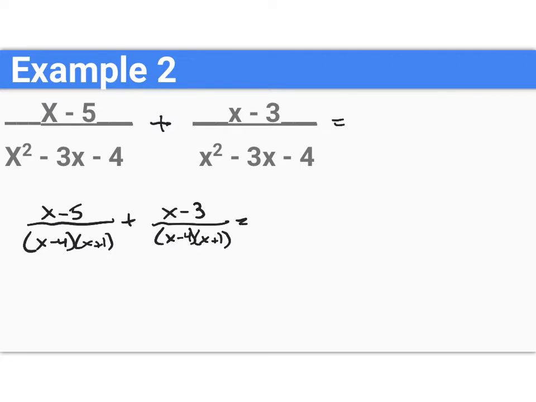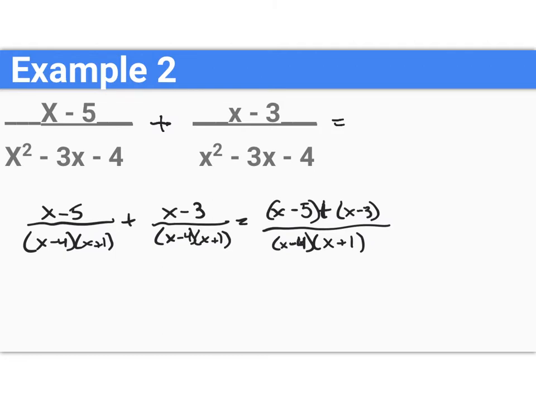So x minus 5 plus x minus 3 over x plus 4 x plus 1. Wait, minus 4. Okay, I wrote that wrong. This is why you have to do this on paper, because sometimes you'll mix up your signs. So please be careful with that.